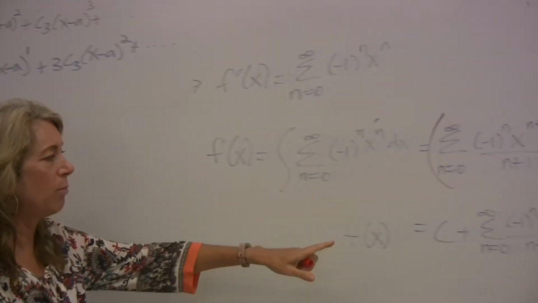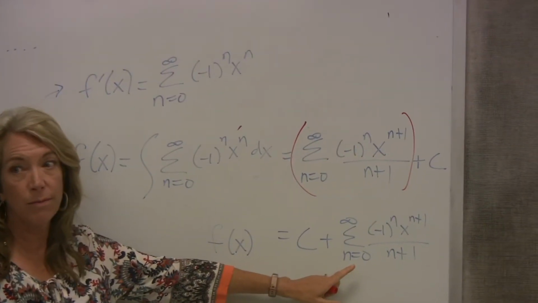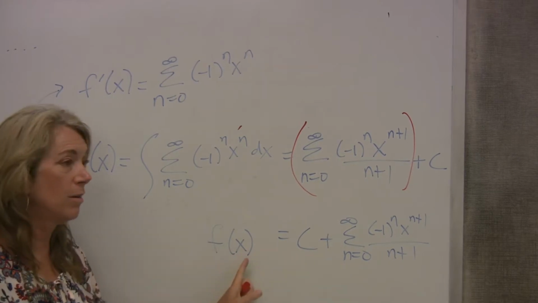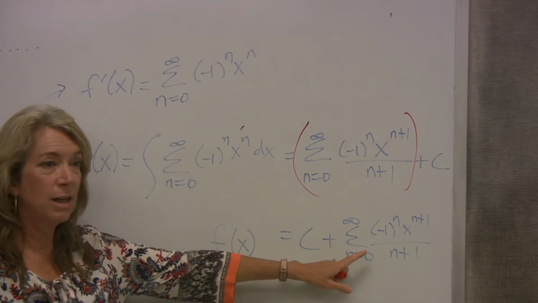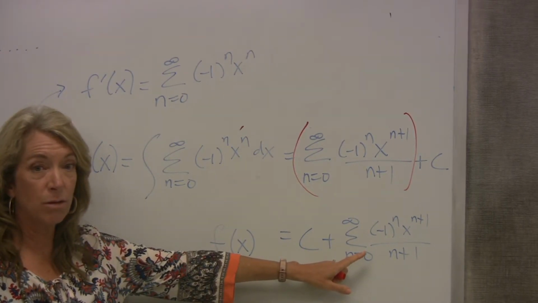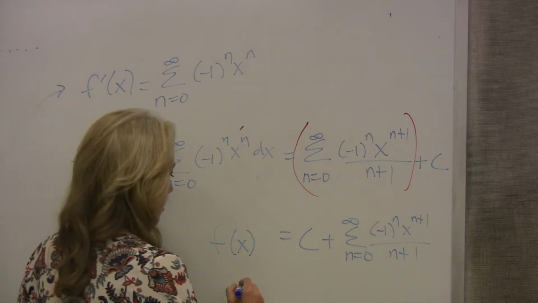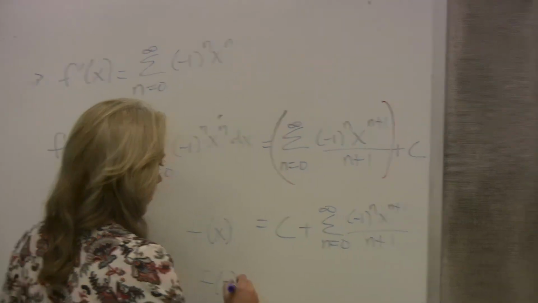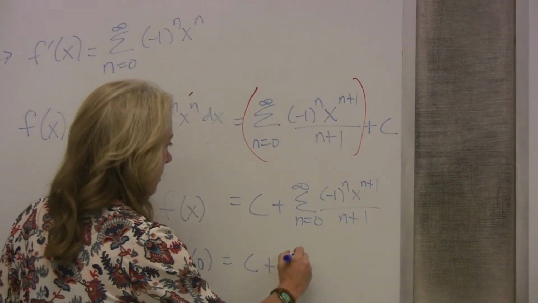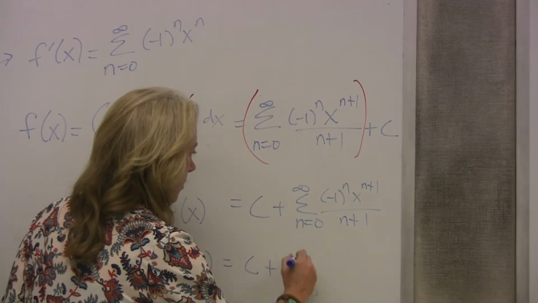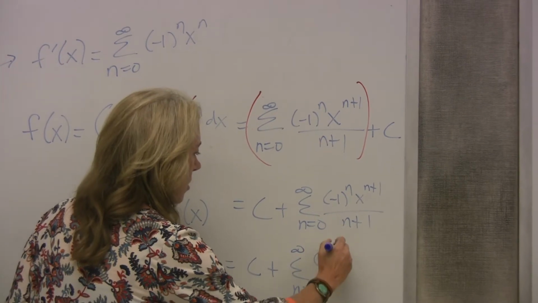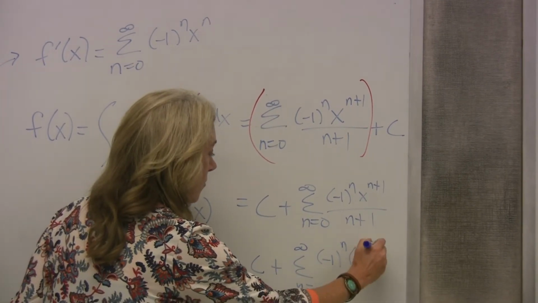What should happen when I plug 0 in over here? If they're equal, if I plug 0 in here, it should equal 0. f of 0 should be c plus this whole series here with a 0 in there.